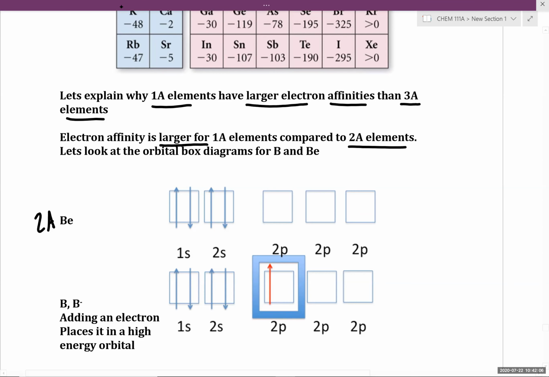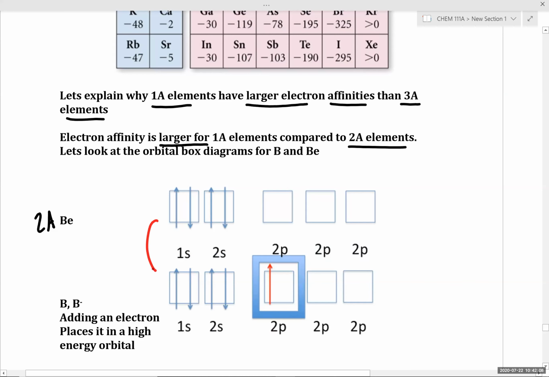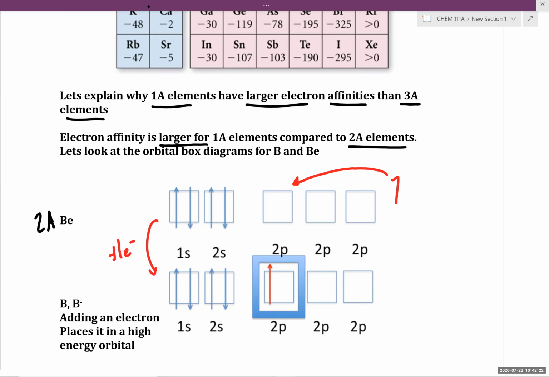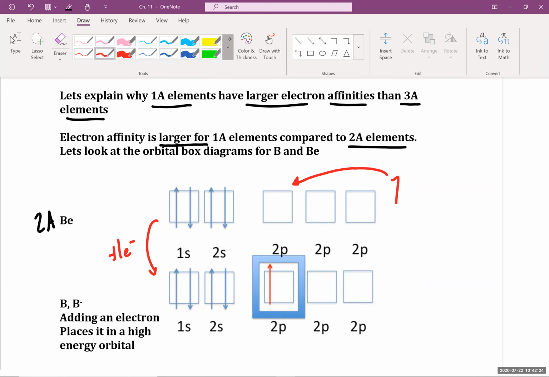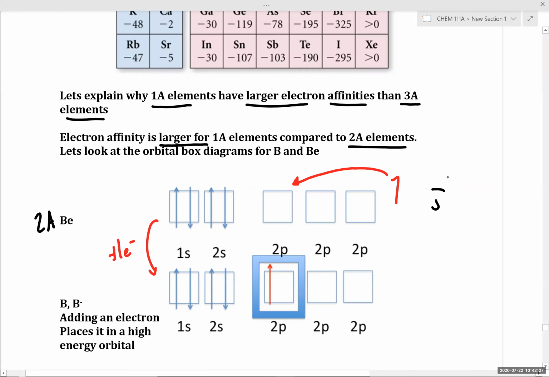If we wanted to add an electron to beryllium, what orbital will we have to place that electron in? Are we placing it in a low energy s orbital or a high energy p orbital? Just remembering that s orbitals are lower in energy than p orbitals. So where is our new electron going? What orbital is our new electron ending up in?